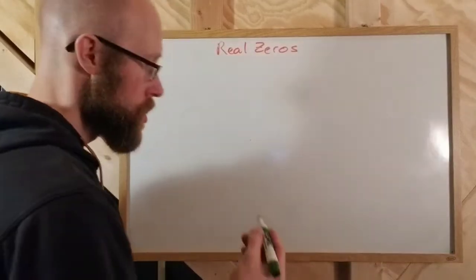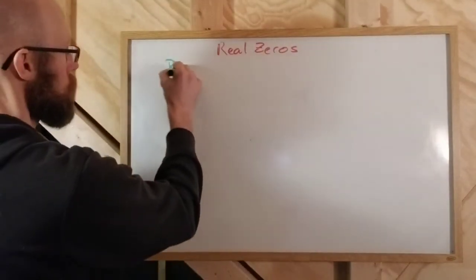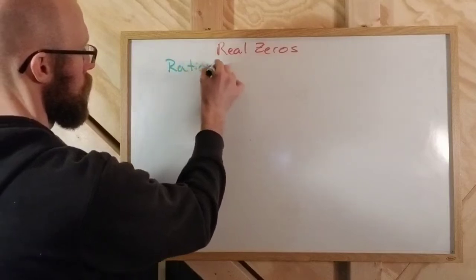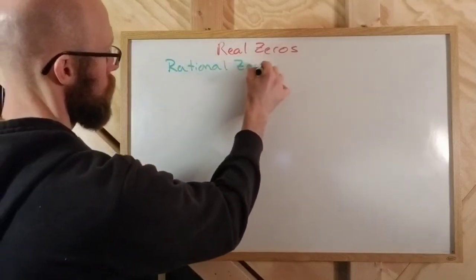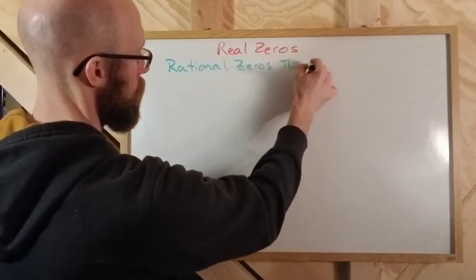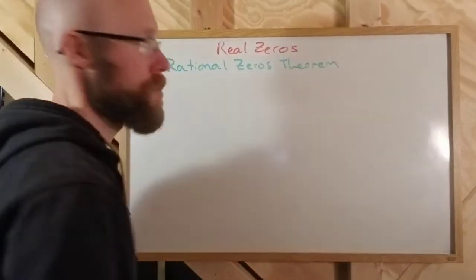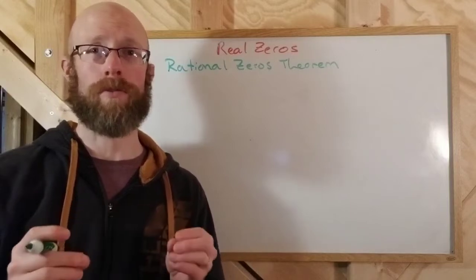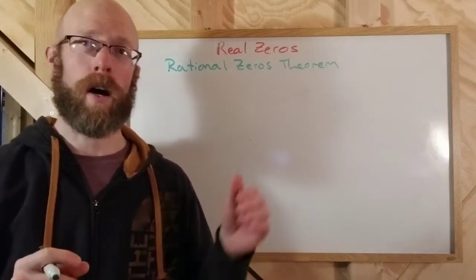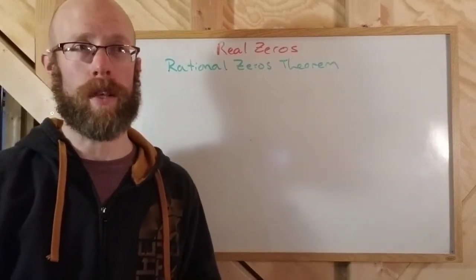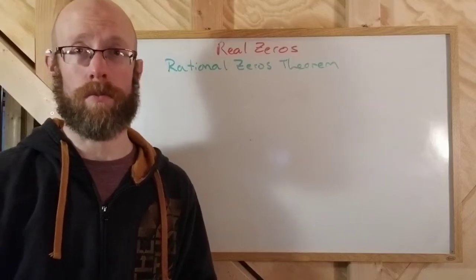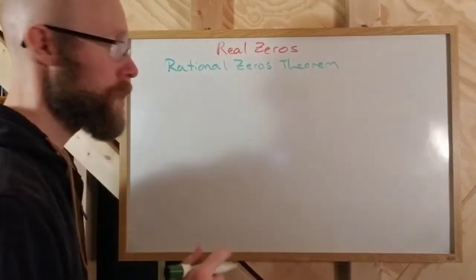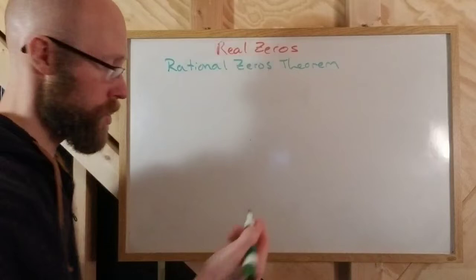So we're going to look at something called the rational zeros theorem. It really helps us to identify, just off the coefficients of the polynomial, what the rational zeros could be. Let me give you a quick example to motivate this theorem.